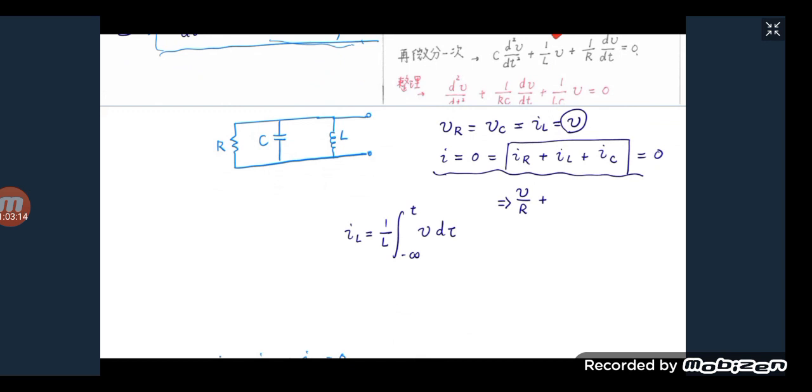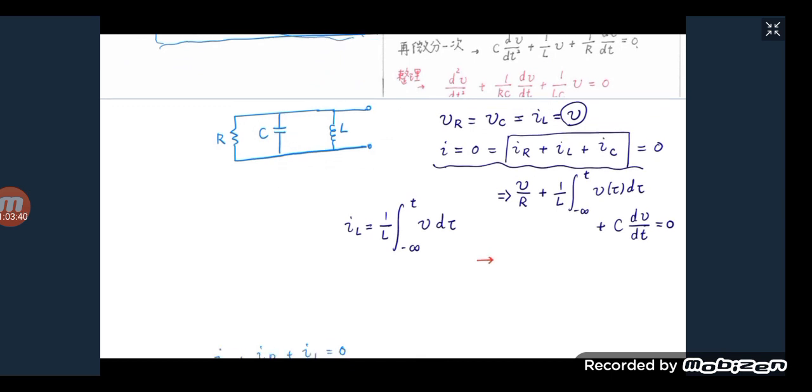So it involves an integral equation instead of a differential equation, right? IC is equal to C dV/dt. So it becomes a bit strange.